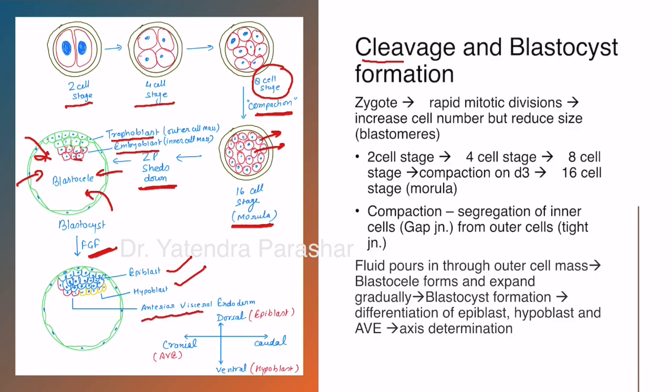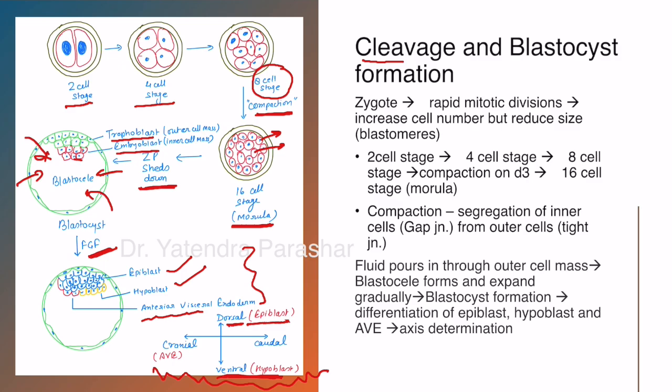So there is differentiation, and also axis determination of the cells occurs. Axis determination is mainly dorsal. The epiblast is placed dorsally, so the epiblast is dorsal, and the hypoblast is ventral.